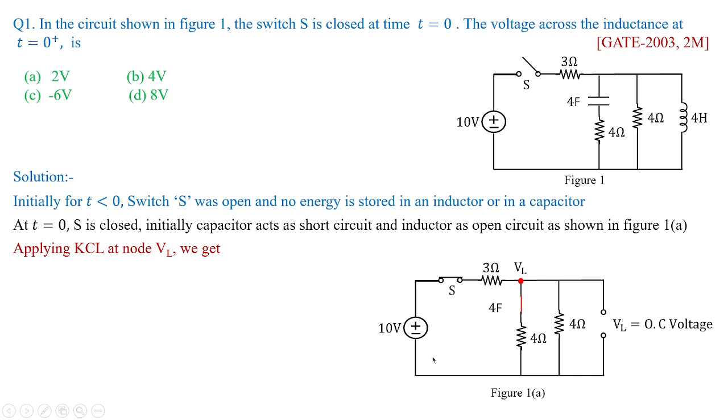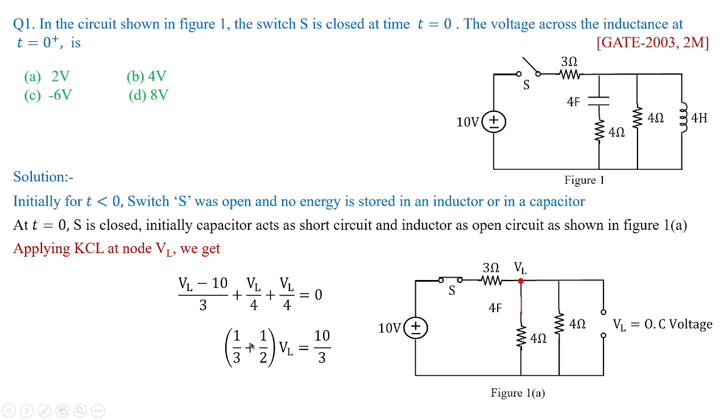So we get VL minus 10 by 3, that is the node voltage VL minus 10 volts divided by 3, which becomes one branch current. Then you have VL by 4, that is another branch current, and another VL by 4 in this branch. Simplifying, VL by 4 plus VL by 4 becomes 2 VL by 4, which is VL by 2.